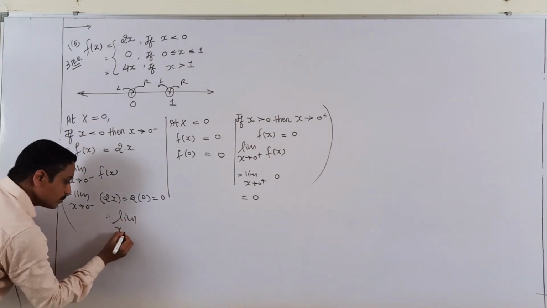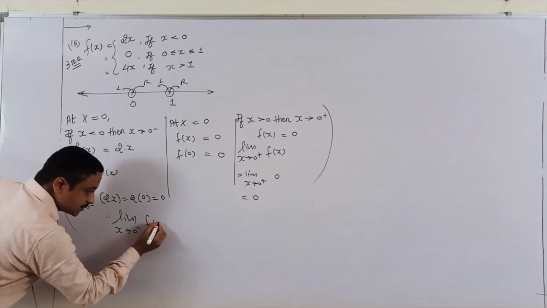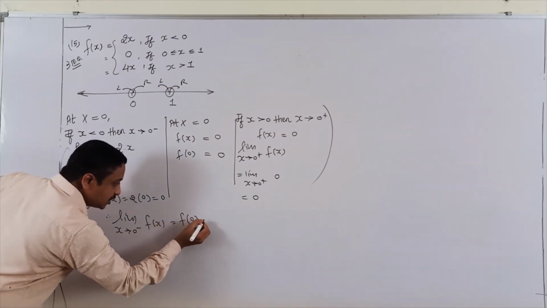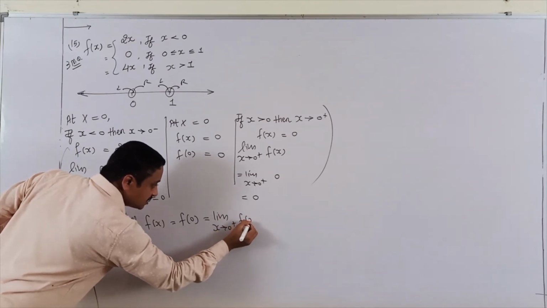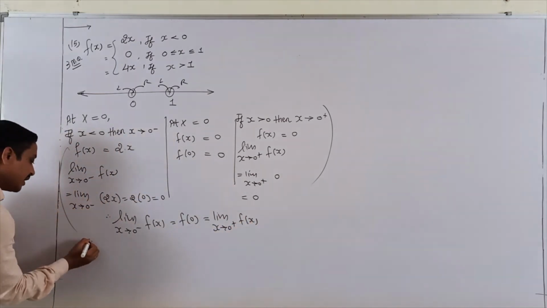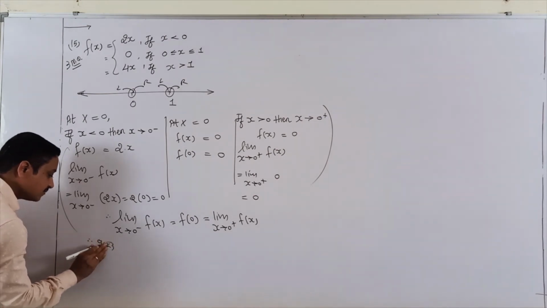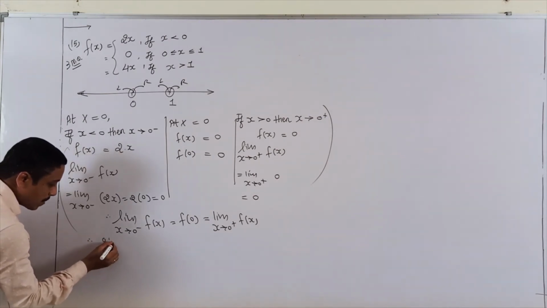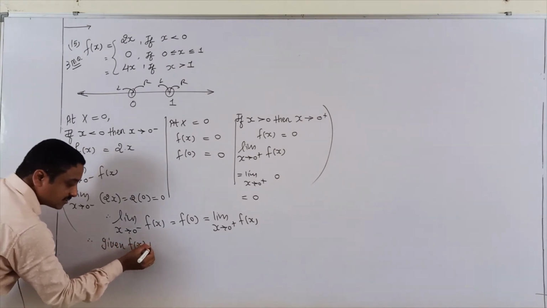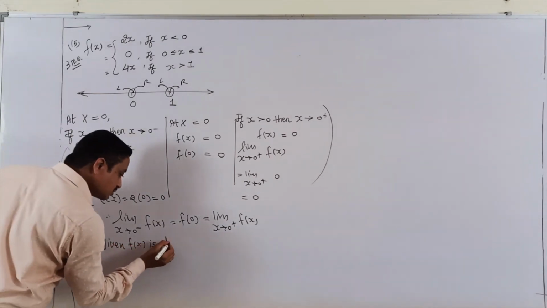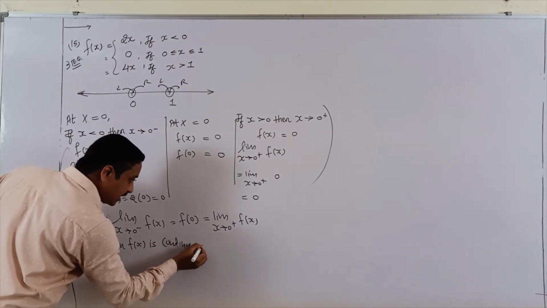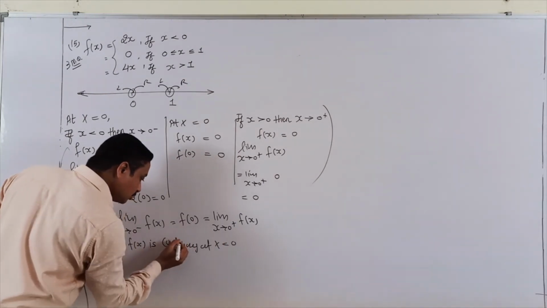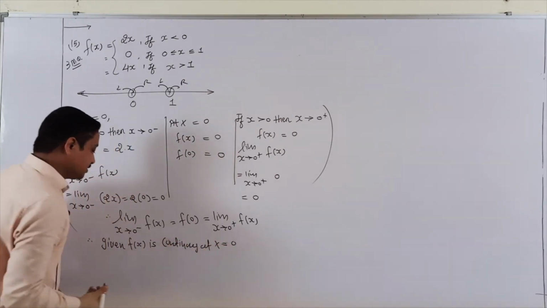So limit x tends to 0 negative of the function is equal to 0 and the last, 0 positive, is also 0. All are equal. That's why given f(x) is discontinuous. Sorry, my mistake. It is continuous at x is equal to 0.